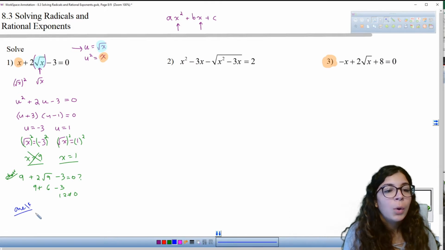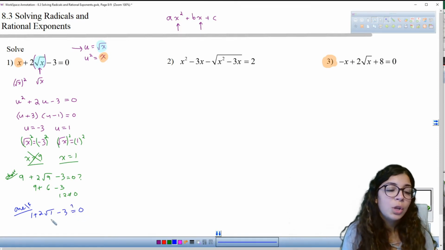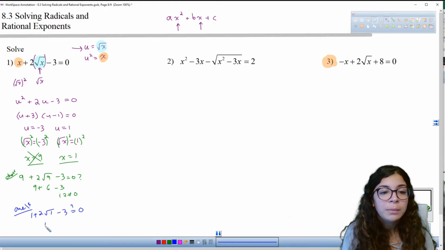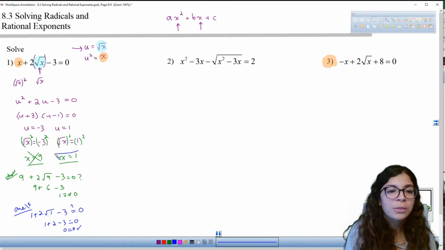Okay, 1 plus 2 times the square root of 1 minus 3, does that equal 0? That is the question. So square root of 1 would be 1. So 2 times 1 would be 2. 1 plus 2 is 3. 3 minus 3 is 0. 0 equals 0. Yes. So our solution is x equals 1.